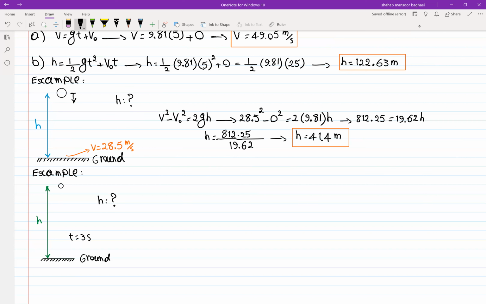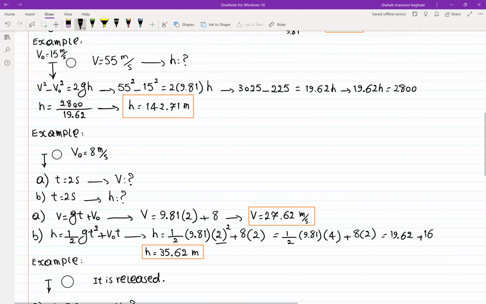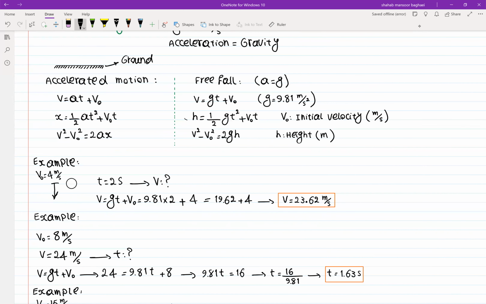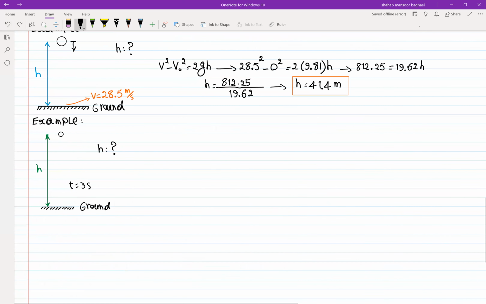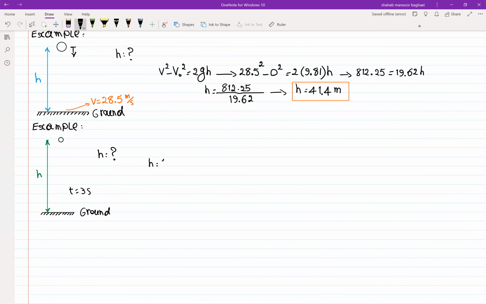Okay, what do you think? You need the height and you have a time quantity here. How can I find the height here? The height is unknown, and your falling object is dropped, it means V0, or initial velocity, should be 0 here. Of course, equation number 2 should be used, because you have a time quantity. For h, it is half g t squared plus V0 t.